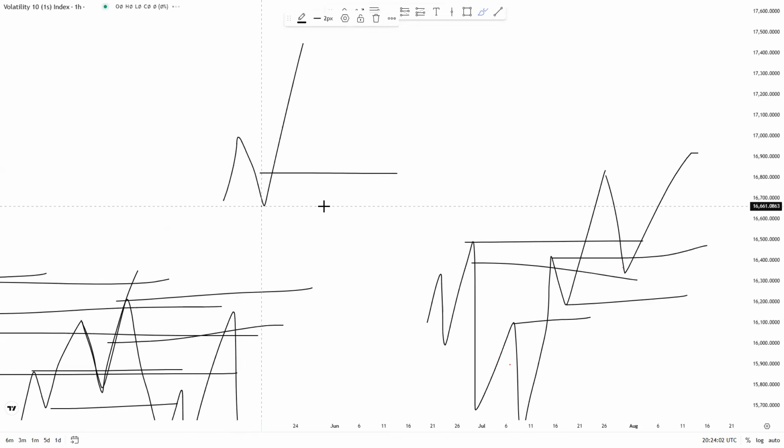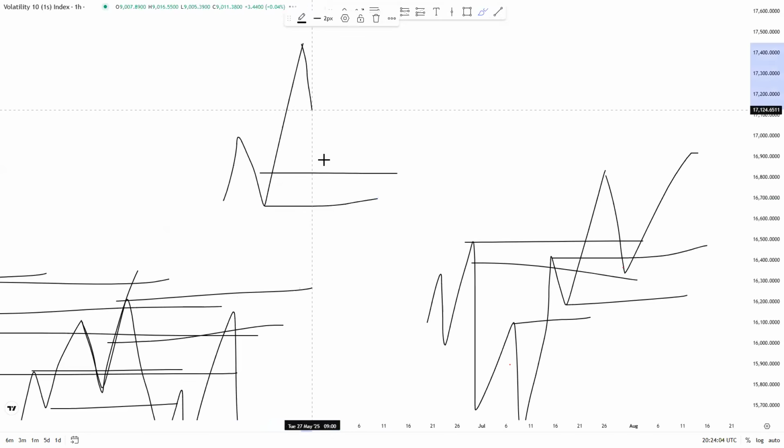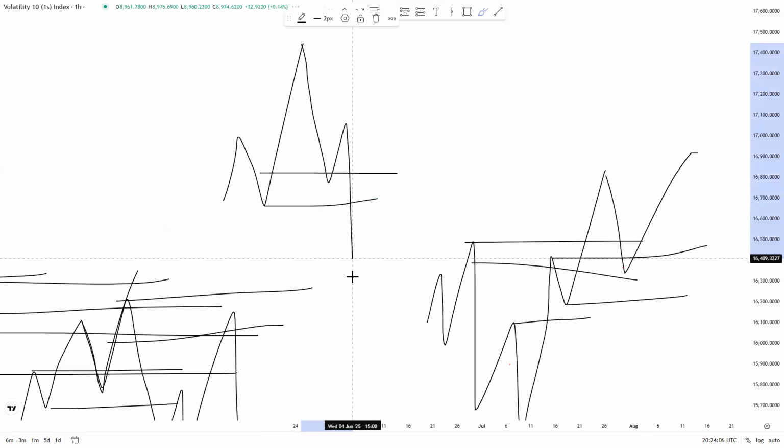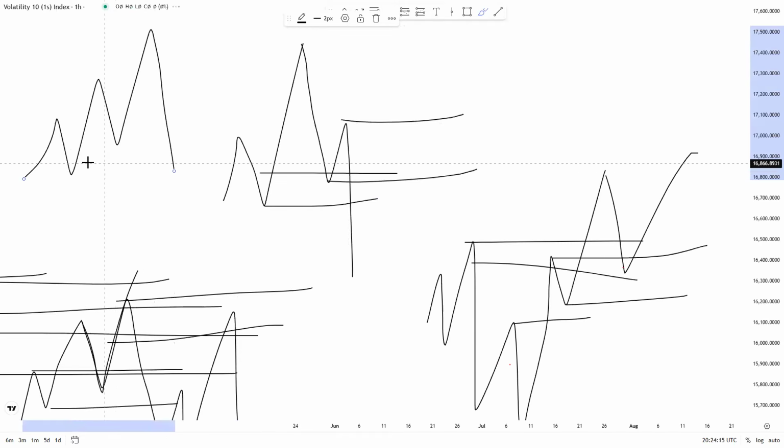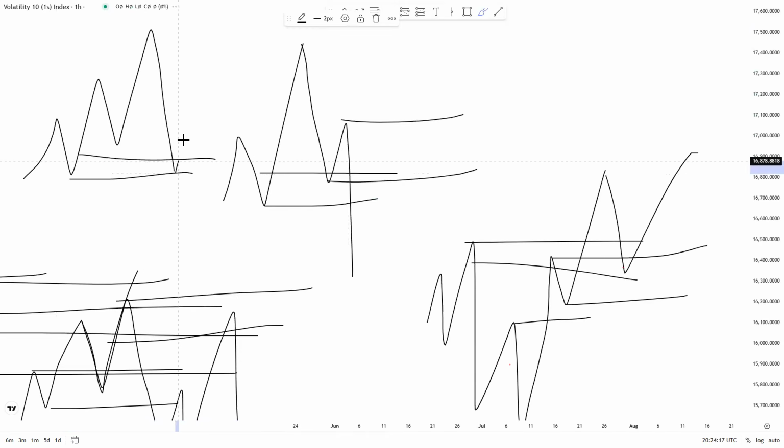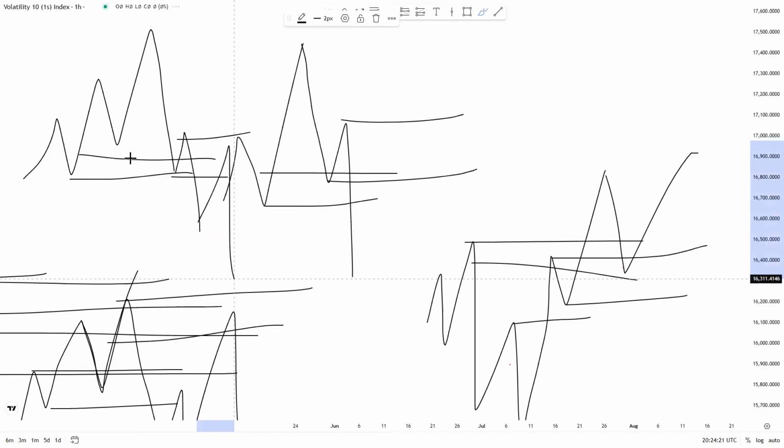This is where you wanted to buy from. Price comes, takes it out. It's kind of a violation, but this is a mitigation block. But now you have a setup like this. Price comes, does like this and fails. This is a violation block. This one is more powerful than this one, because it's the result of a failed setup.